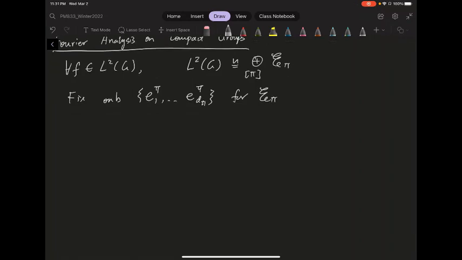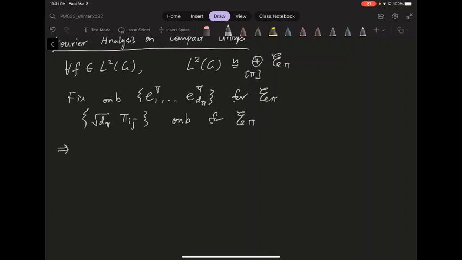These E pi are spanned by these matrix coefficients, so we can define the pi ij as basically the matrix units. You take the inner product, apply it on ej, and then you inner product with ei. We proved before that square root of d pi times these pi ij is going to be an orthonormal basis for each of these E pi.